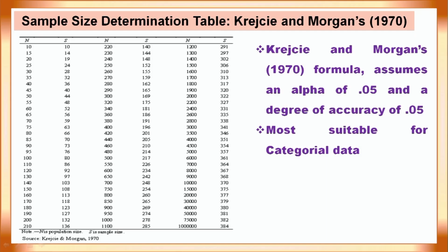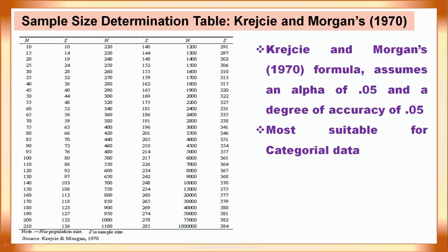That is why it is told that after 10 lakh, if you increase the population size and accordingly increase the sample size, it does not give you any more accuracy. Okay. So that 384 is taken as the golden number of the sample size.